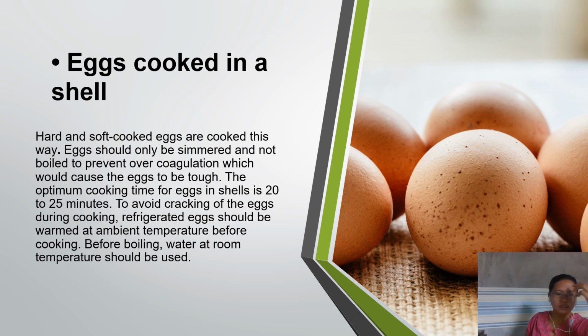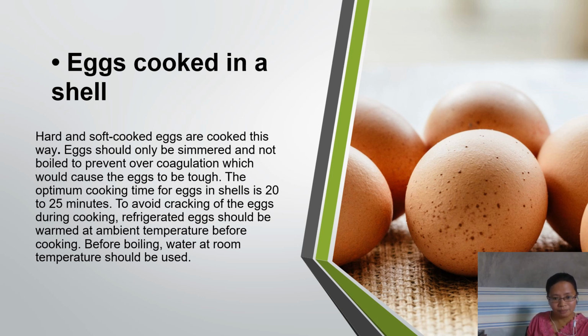So, ang eggs should only be simmered and not boiled to prevent overcoagulation, which would cause the eggs to be tough. Kasi kapag nasobrahan ng boil or ng pagpapalaga ang itlog, magiging tough siya. So, we should follow the required minutes of cooking.